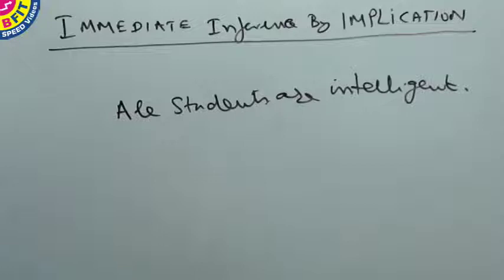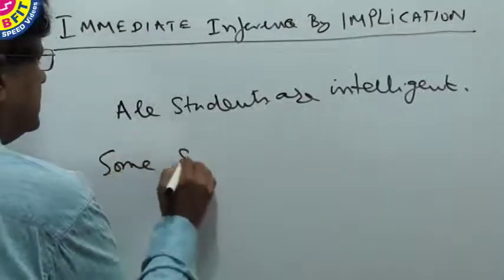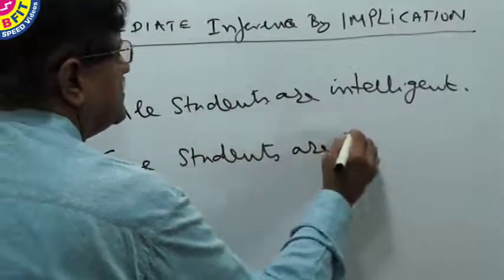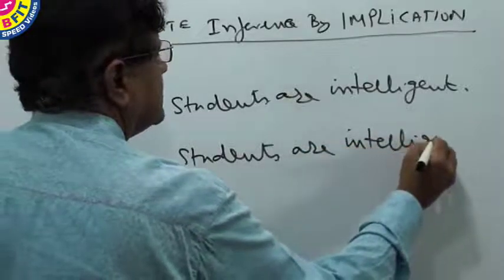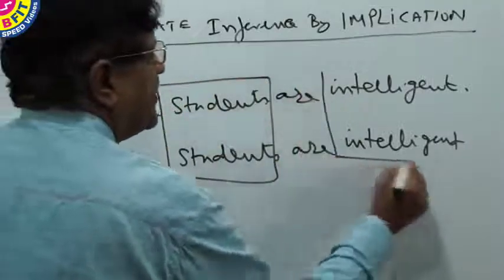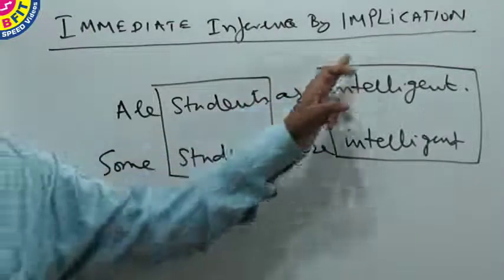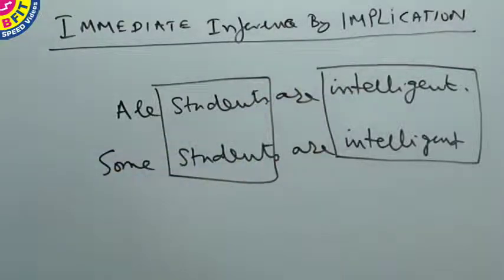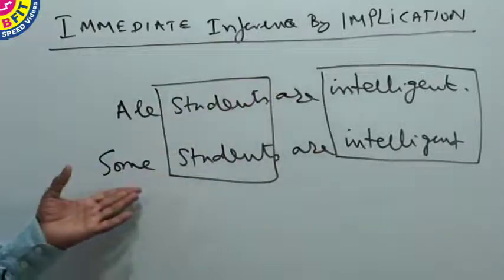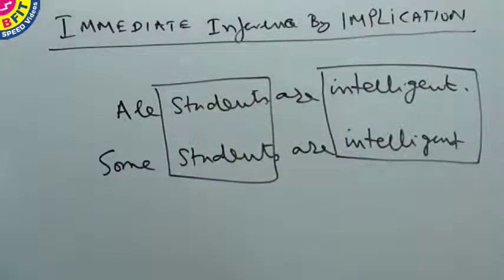From this, we can draw some students are intelligent. The subject remains the subject and the predicate remains the predicate. So this is by method of implication. We can draw a valid conclusion under implication method where the subject remains the subject and predicate remains the predicate.